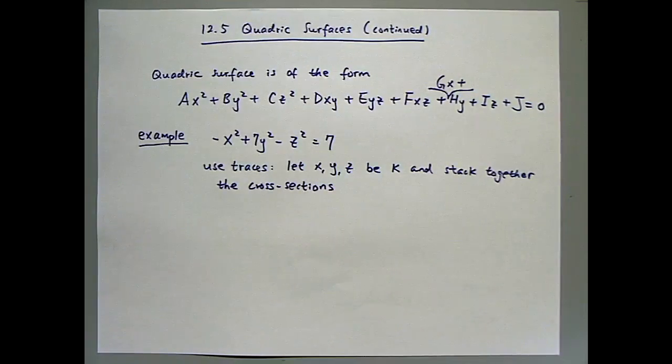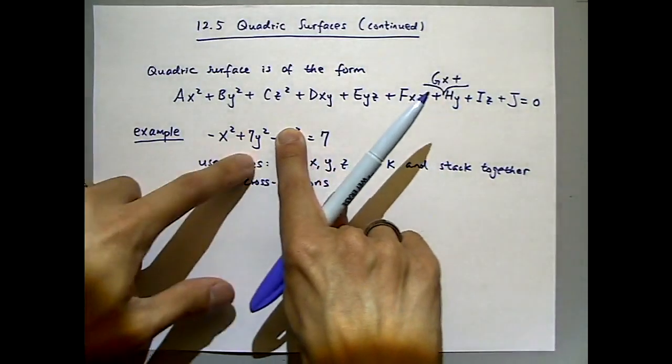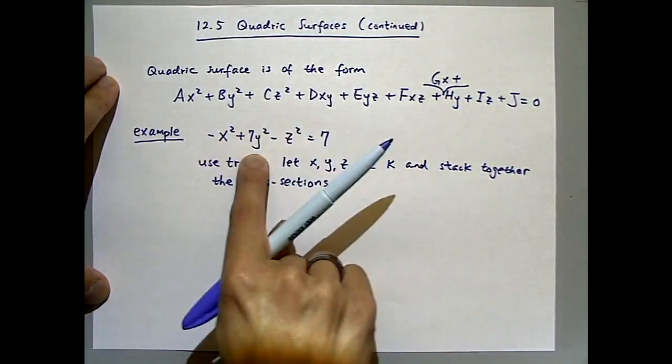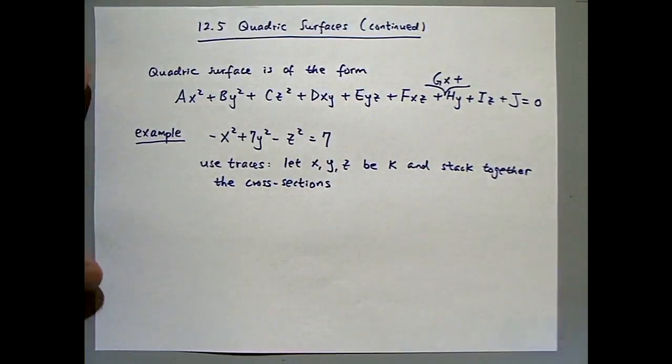All right, so let's first start with z equal to k. You can start with any variable, but starting with z is a good idea because then you're working with x and y, and it's usually easiest to recognize shapes in x and y for most people.